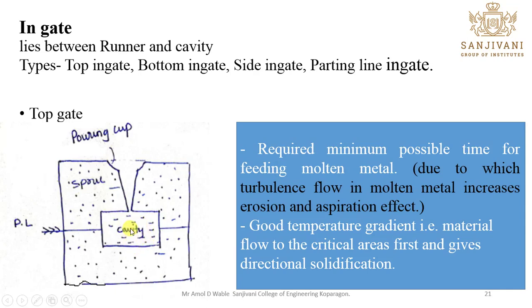So in this case, what disadvantage do you get? As it has direct contact with the cavity, molten metal goes directly into the cavity. There will be turbulent flow, and due to the turbulent flow there will be erosion. Also, as material is fed directly into the cavity, an air aspiration effect will take place, which we have seen in the previous slide.